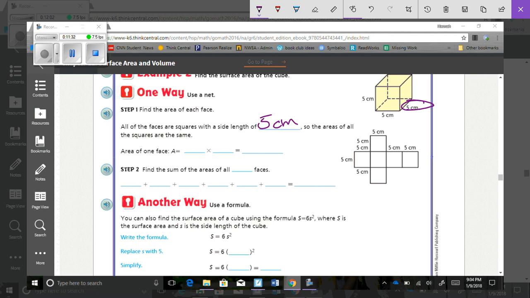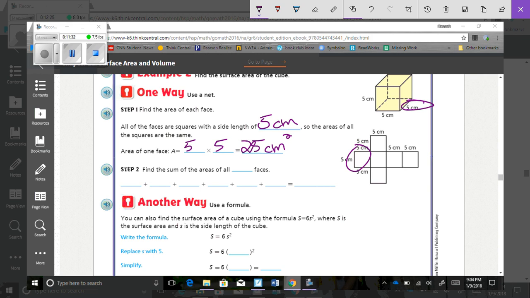So the area of one face is A equals 5 times 5, because that's the area of one of these squares of the cube. So 5 times 5 is 25. And we're going to make sure we label centimeters squared.